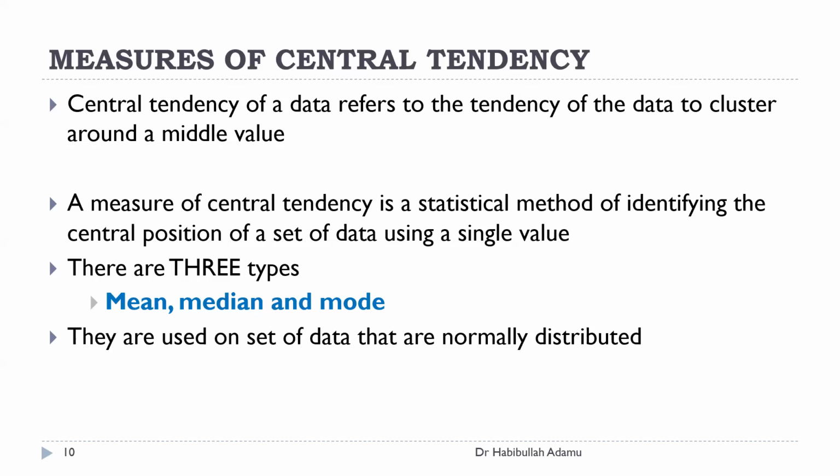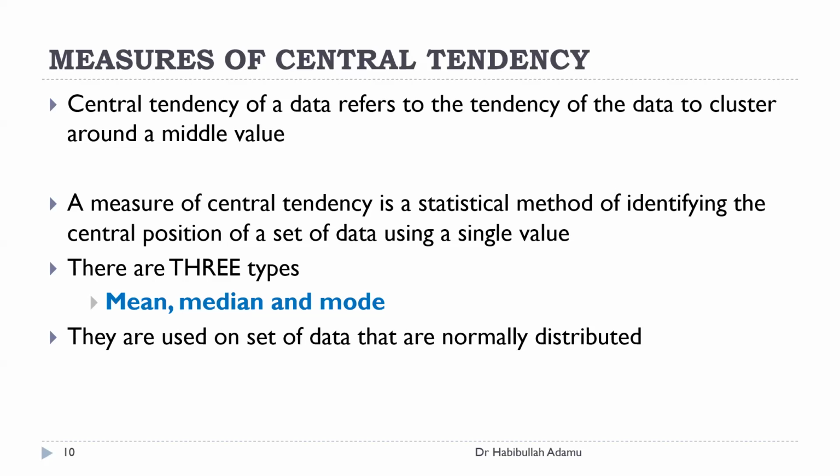But by the time someone picks a single number that summarizes all of them and say, oh, you are going to see 20 patients and their mean age is 11. That is one value summarizing all the other ages of the 20 patients. As soon as you see that, you know that, oh, okay, most of the patients, I'm likely going to be dealing with children. So that is the advantage of measures of central tendency.